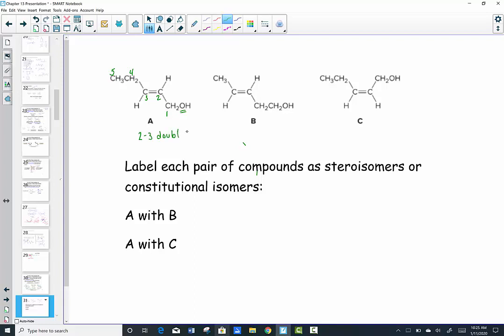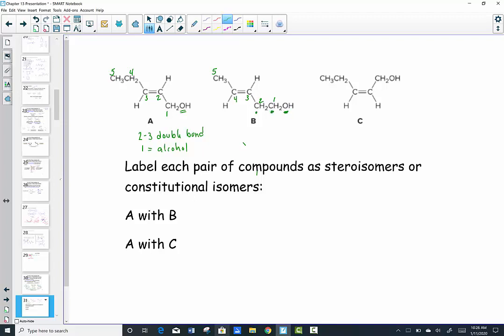Let's go to work over here. At letter B, I'm going to number 1, 2, 3, 4, 5. The alcohol, the OH, is attached to 2 single bonded carbons before we get to the double bond. As a matter of fact, I could number this to get the double bond at a lower number.